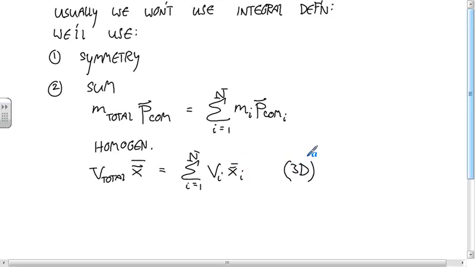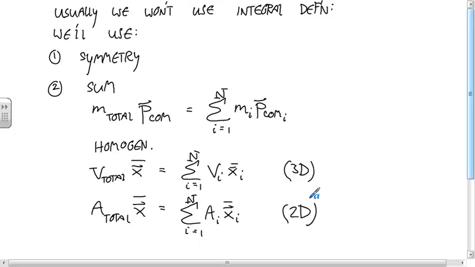That's in 3D. And then in 2D, it's just the area version of that. So A total times the X centroid is equal to the sum of A_i times x bar_i. That's the 2D version.